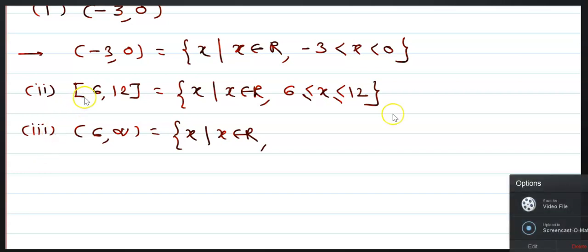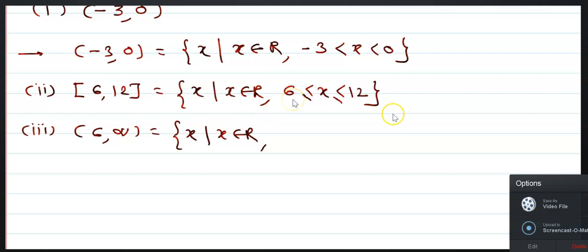Now whenever there is a closed interval, there is always less than or equal to. When there is an open interval, then it is strictly less: x is strictly greater than -3 and x is strictly less than 0. But in this case, this is the closed interval [6, 12].